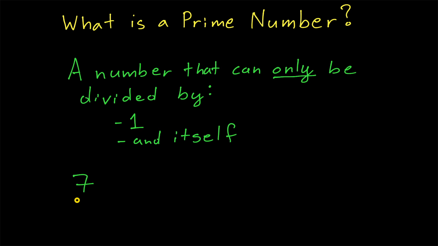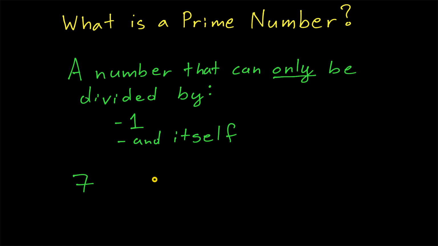The answer is no. 7 divided by 6 is not going to give you a whole number. Can it be divided by 5? The answer is no. Can it be divided by 4? The answer is no. And can it be divided by 3? The answer is no. And finally, can it be divided by 2? Well, 7 is not an even number. 7 is an odd number, so 7 cannot be divided by 2. Therefore, 7 is only divisible by 1 and itself.